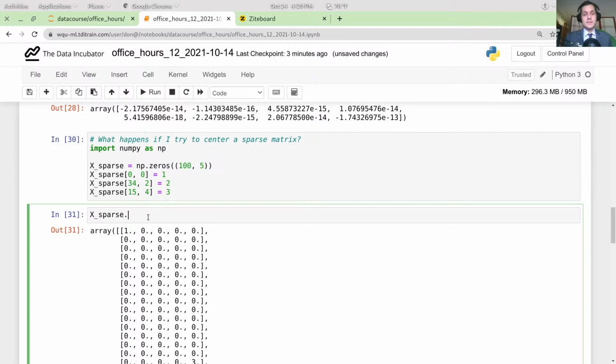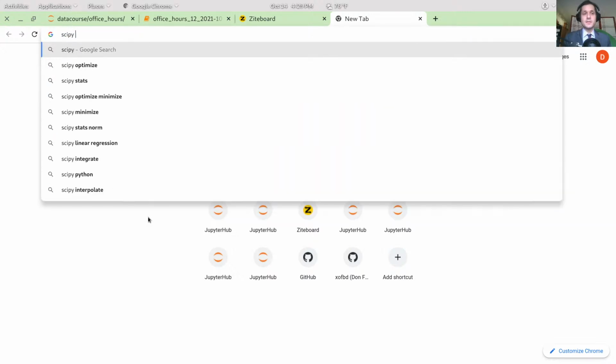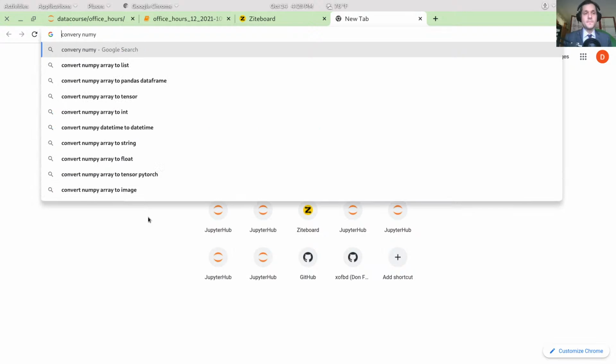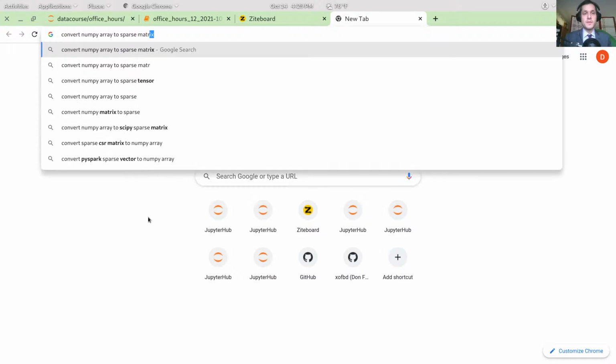I guess it's not called sparse. I think it's in SciPy. From SciPy, import. In fact, since I rarely do the conversion myself, I'll probably Google it. Convert NumPy array to sparse matrix.